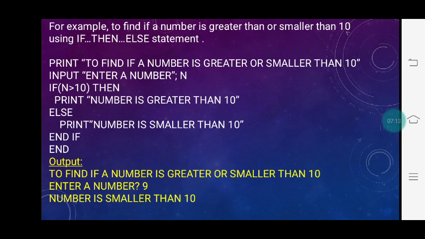So the else part gets executed. In the else part, the message is number is smaller than 10. So here you will get the result that number is smaller than 10. So this is the if then else statement.